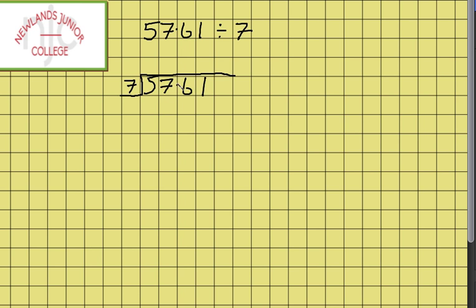The decimal point here, well, we go to where our answer is going to be, and directly above we put our decimal point in place, and the answer builds itself around.